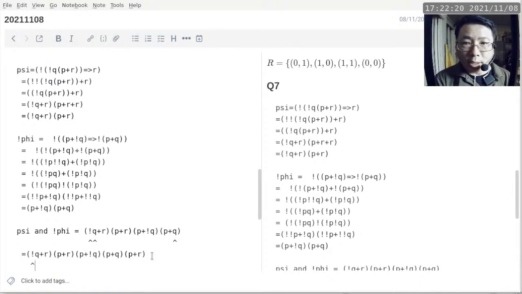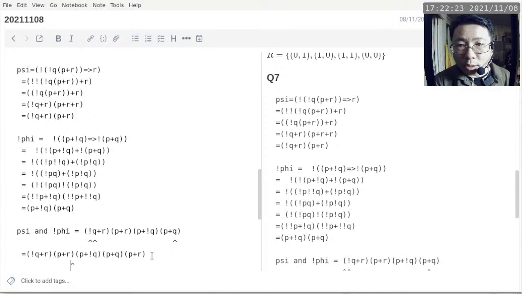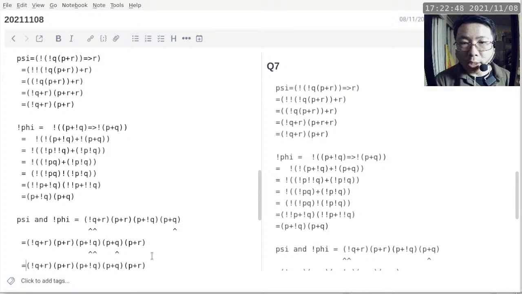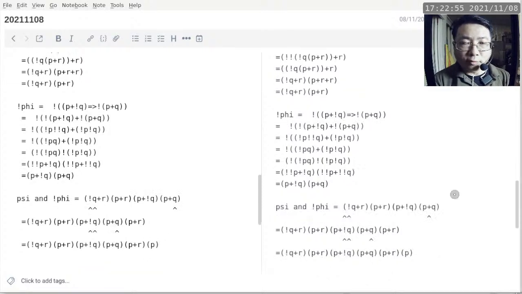All right, so I'm going to have to position the caret until we get to this guy, and it's going to resolve with this guy over here. And the result is just a single P. So we take this entire thing, oops, wrong key, and then paste it over here, adjust the spacing, like that, and we have one extra term of P as the result of this step of resolution.